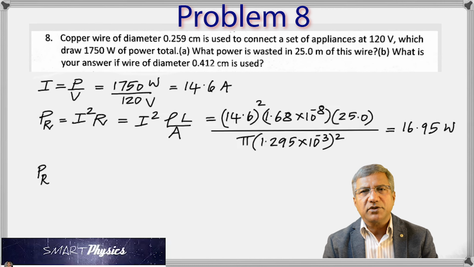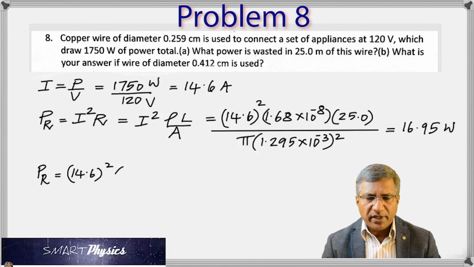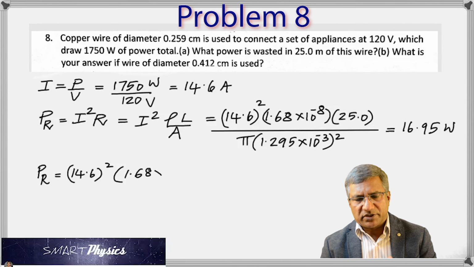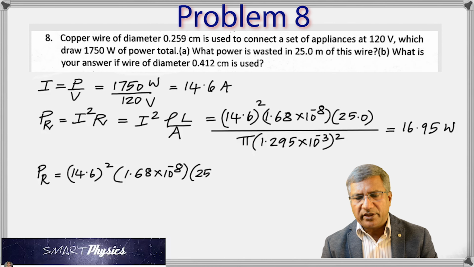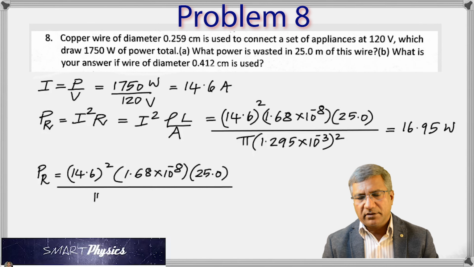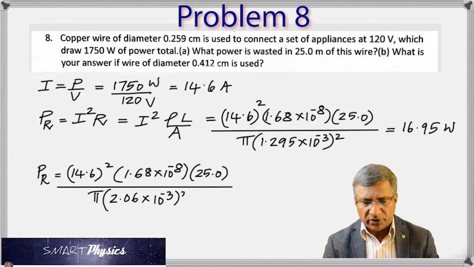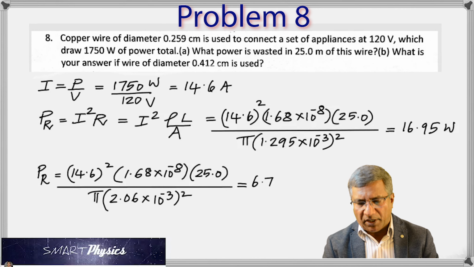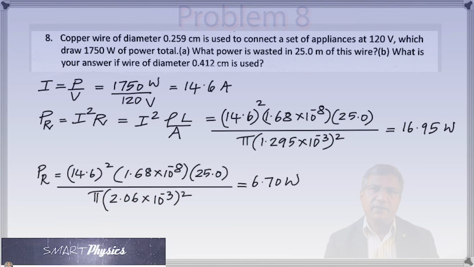So once again, we do the same thing. The current through it stays the same, and the resistance is recalculated with the new radius. The length is the same, so the new radius is coming up. Half of this changed into meter, and you get the power wasted as 6.70 watts.